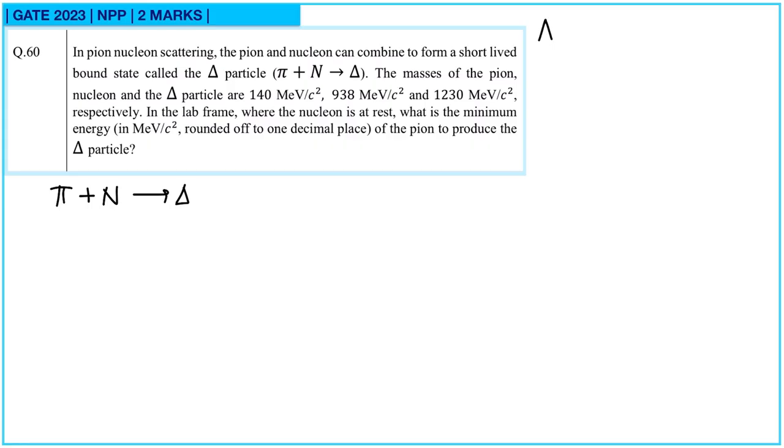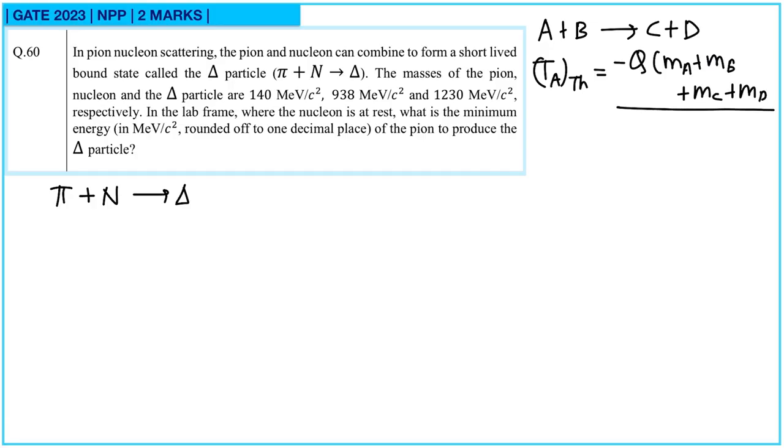So if we have a reaction like this, A plus B gives C plus D, then the threshold energy of A to produce C and D particles is given by this expression: minus Q times the sum of MA plus MB plus MC plus MD, the whole thing divided by 2 MB. This is for calculating threshold energy, where Q is the Q value of this equation.